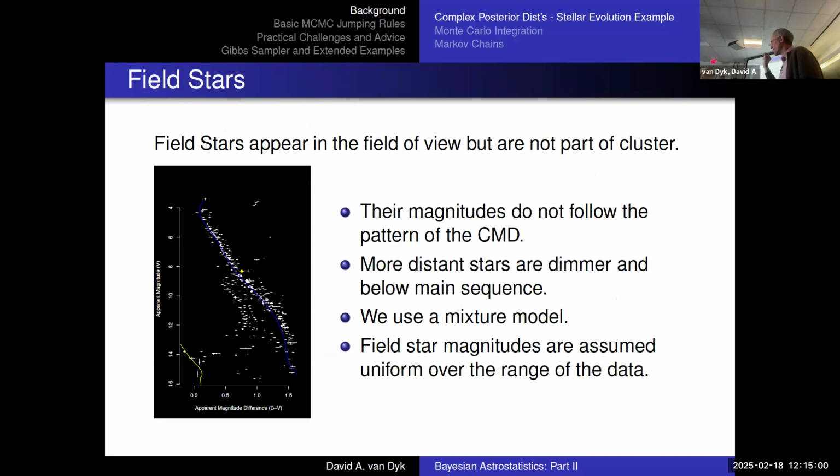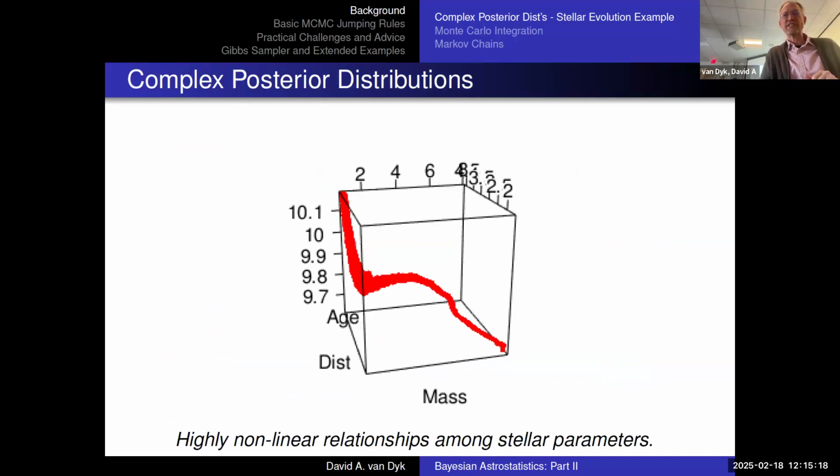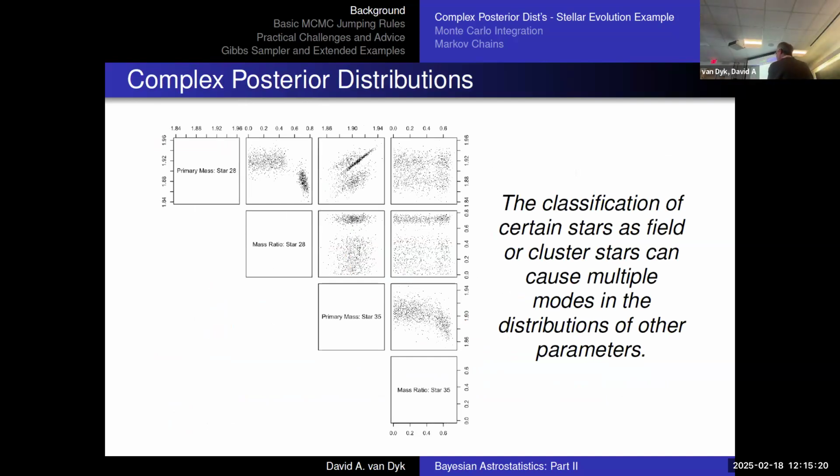And there's a certain probability that they're one or the other. And they're close enough that if you make it a cluster star, it actually shifts all the other parameters. The discreteness in whether or not a star is a cluster star will shift the other parameters. In this case, the good thing is it's not shifting the cluster parameters, but it does start shifting some of the masses of other stars.